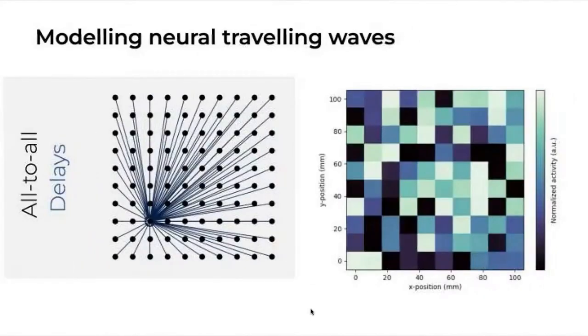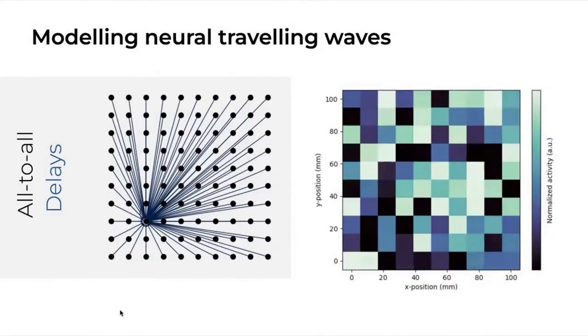Okay, so let's go one step back and look at something different. So again, we have all-to-all connectivity as indicated again for the single region, but this time we also use distance-dependent time delays. So this region affects the outside region, like at one of the corners, with a longer delay than regions that are closer to this region.